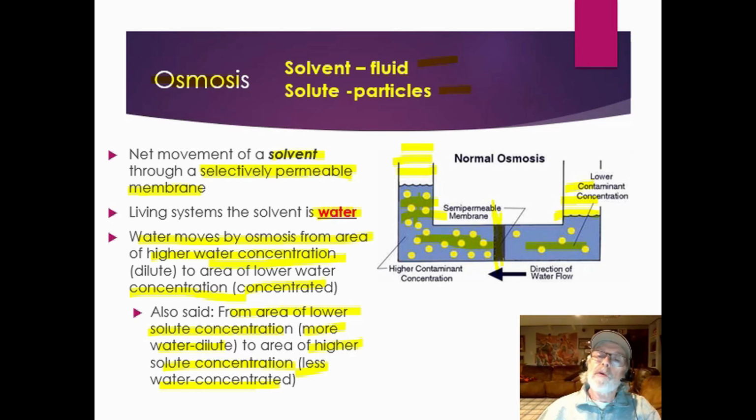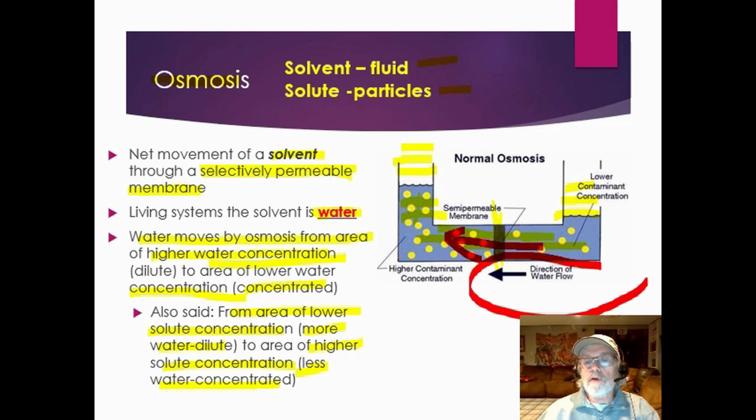Okay, what happens is water is going to go from this compartment, let me do it a different color, water is going to go from this compartment to this compartment, it says down here, flow of water, until finally I get equal concentration levels on both sides, and that's called osmosis. Okay, osmosis involves water and water only in the human being.